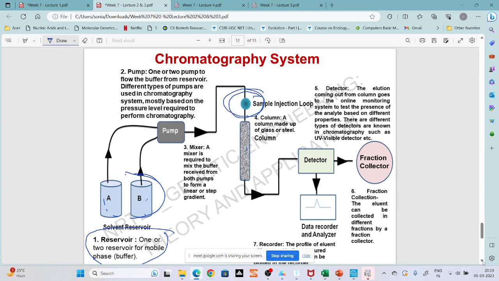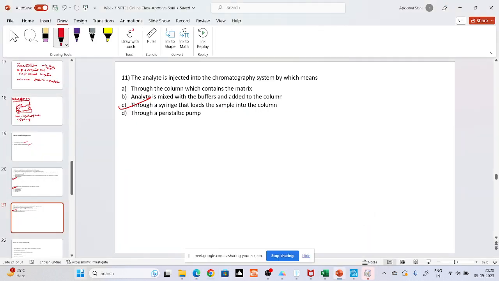This is a sample injection loop. With the help of the syringe, you load the sample through the sample injection loop. There is a port known as the sample injection loop, where you can load the sample with the help of a syringe.